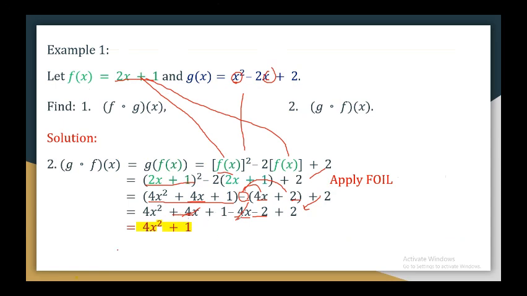And we also have negative 2 and positive 2, that is also equal to 0. That's why our answer now is 4x squared plus 1. So that is how we solve for the composition of functions.